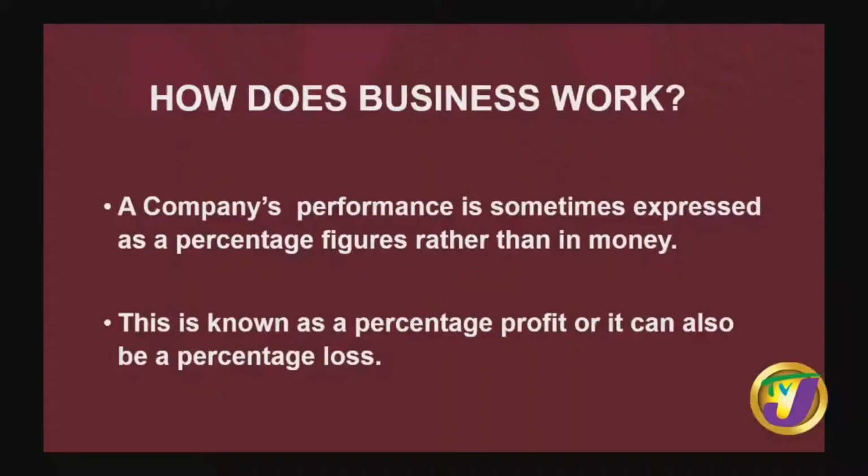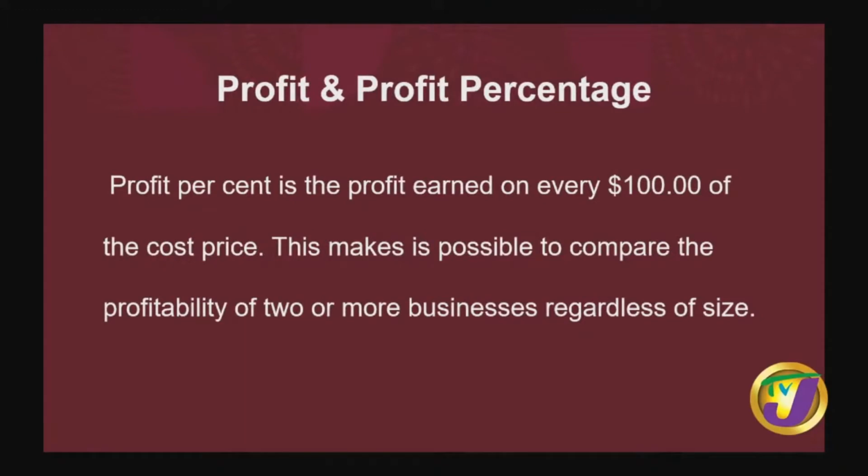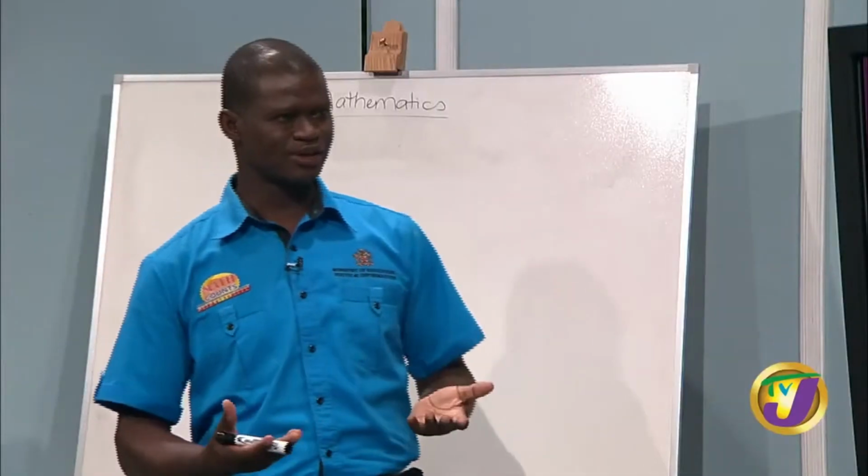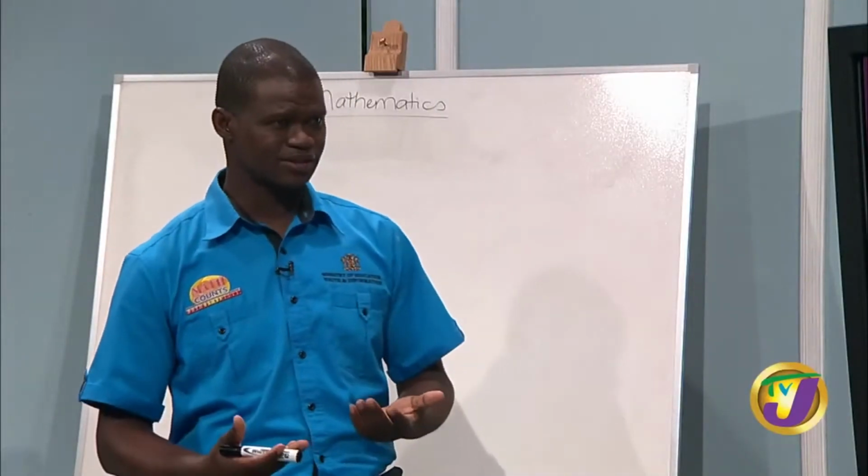So, as I mentioned before, this is either a percentage profit or percentage loss. Profit percent is a percent earned on every $100 of the cost price. This makes it possible to compare the profitability of two or more businesses regardless of size. I can say I make $300, you make $300, but it is in a different situation.